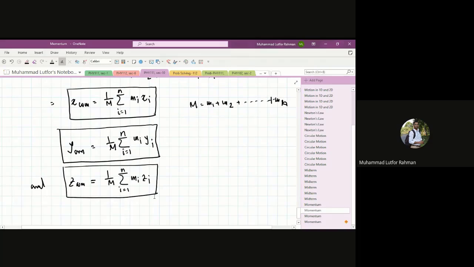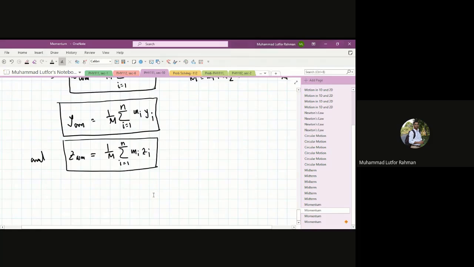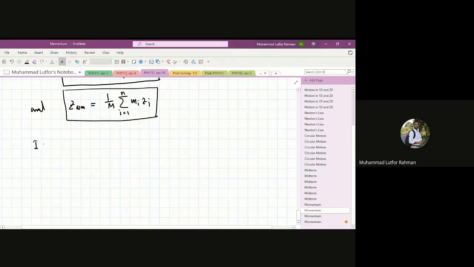In terms of vector notation, we can also do that. Say ri, I can write, is xi i hat plus yi j hat. This i is the index, but i hat is the unit vector.